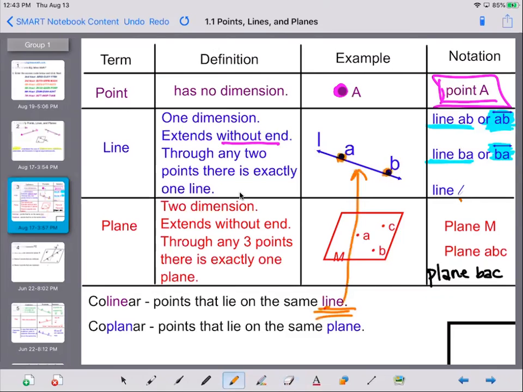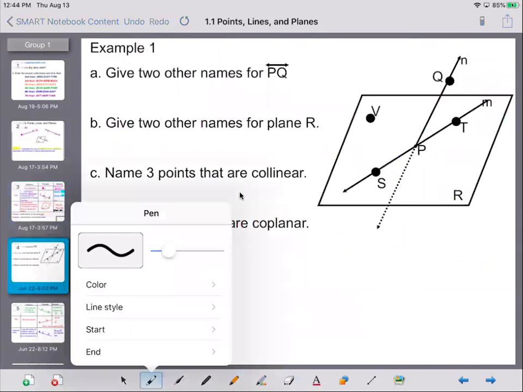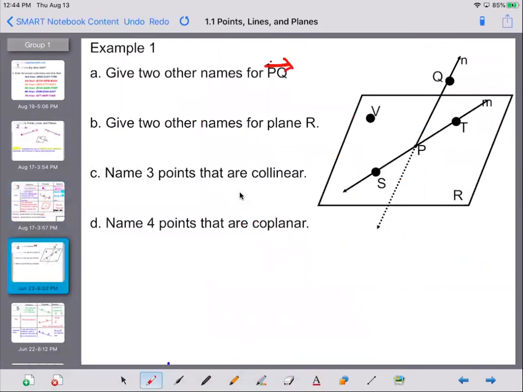All right, so let's practice some examples of that. First one says, give 2 other names for line PQ. Now, before I even look at the picture, I know I could say line QP, because remember, they're interchangeable. But now let's look over here on the diagram.